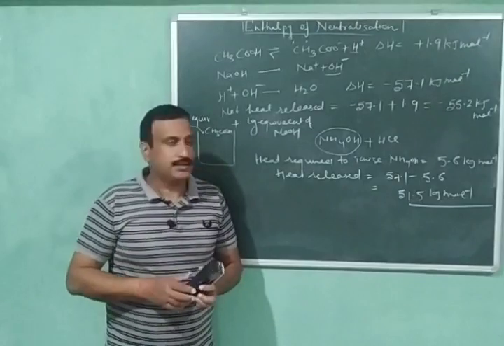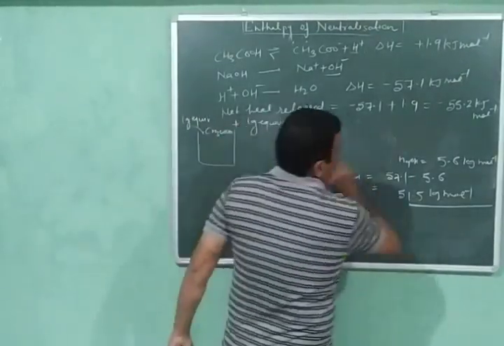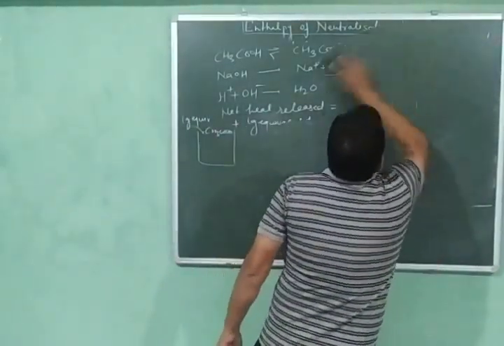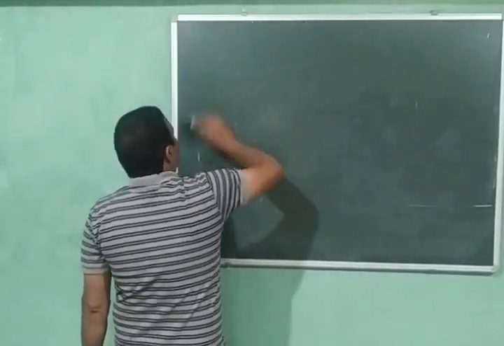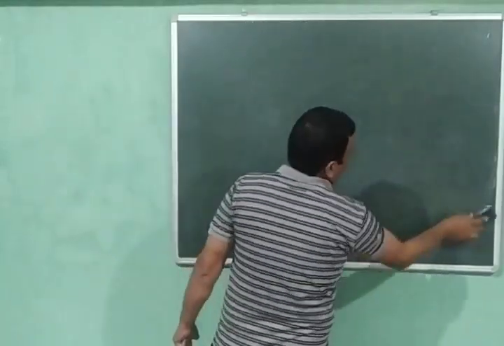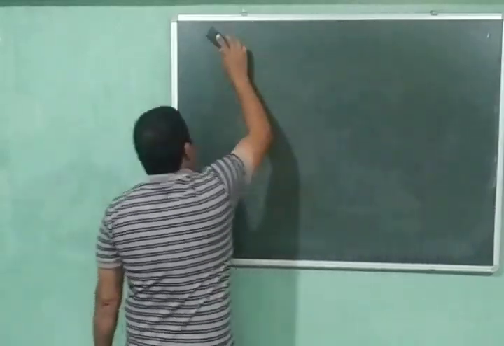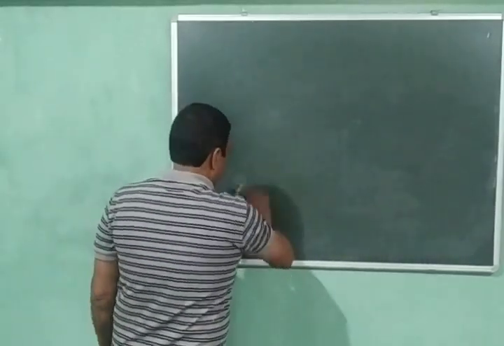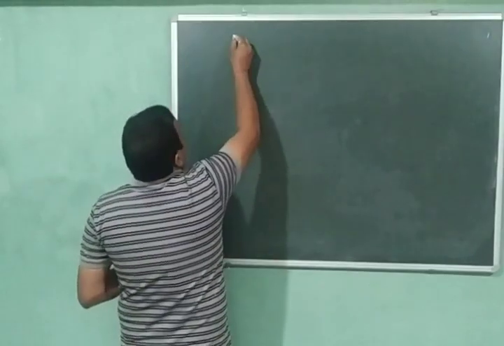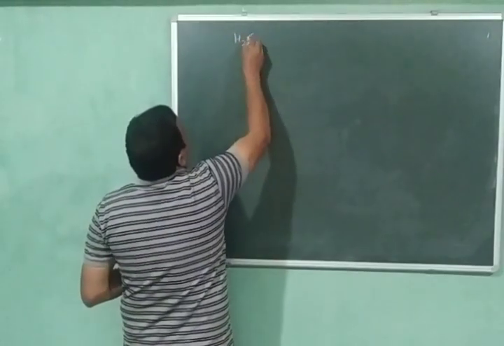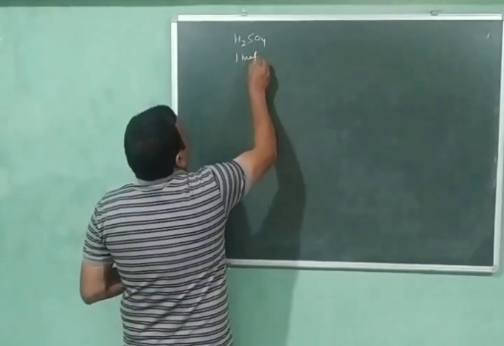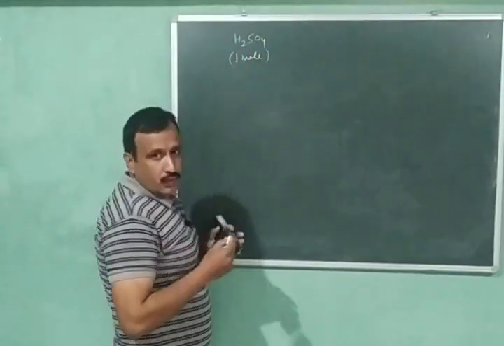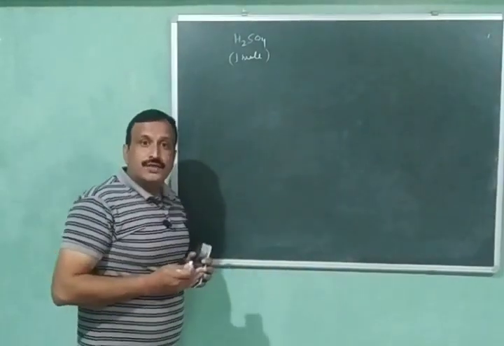So let us explain it. It's very interesting. We will first of all discuss what is 1 gram equivalent of an acid. Let us take the example of sulfuric acid, H2SO4, and I have taken 1 mole of sulfuric acid.